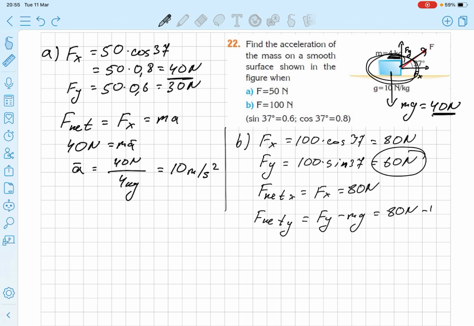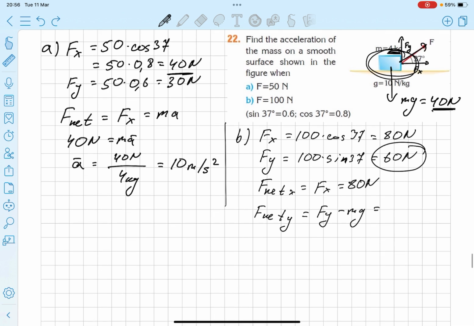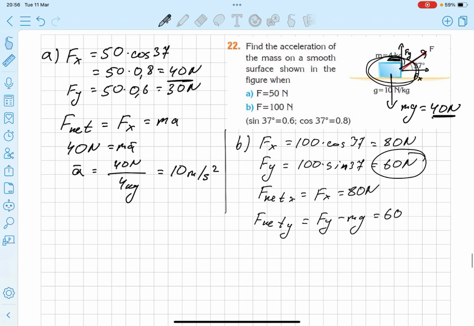So it will be, I'm so sorry guys, it's not 80, it is 60 newtons minus 40 newtons. So it will be equal to 20 newtons.